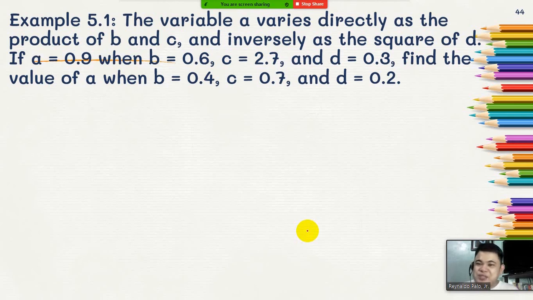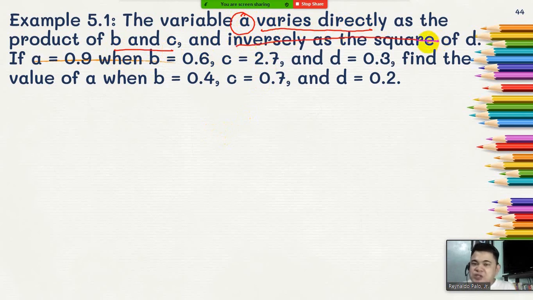It's quite confusing because the values of the variables are decimals. But don't worry, this is very easy because all we need to do first is to represent by identifying the variables. The dependent variable is a.